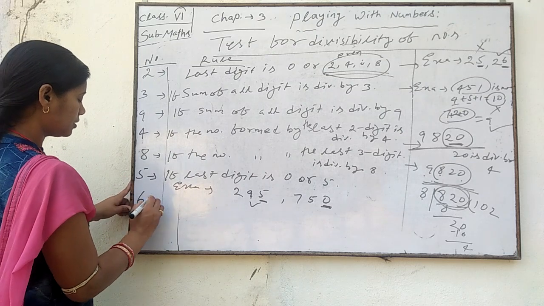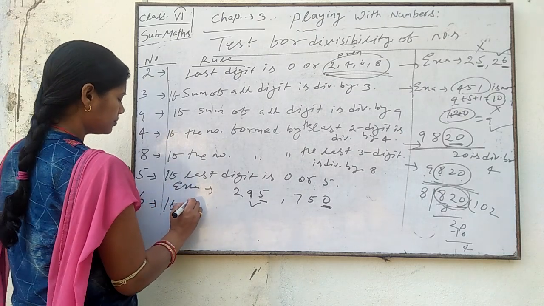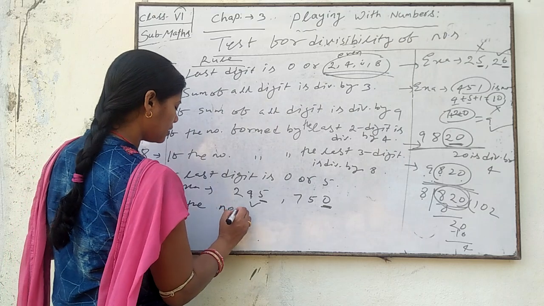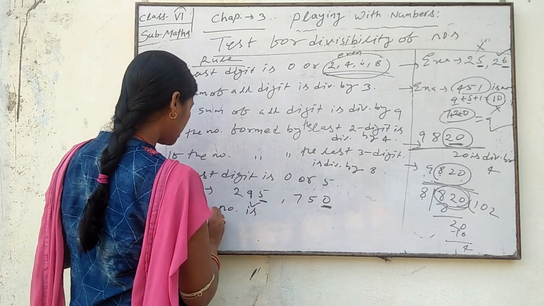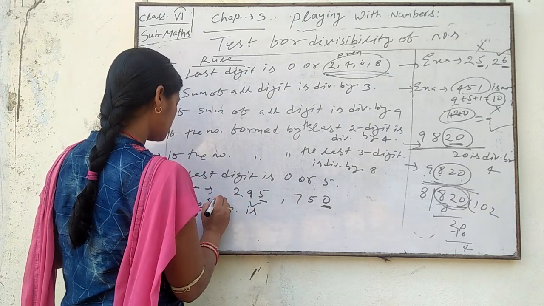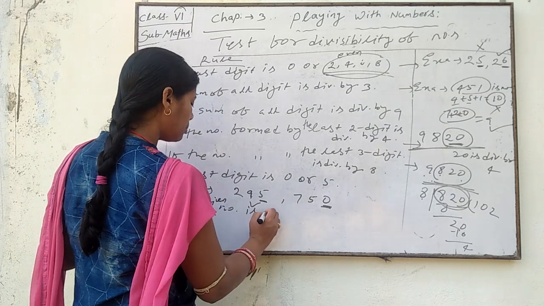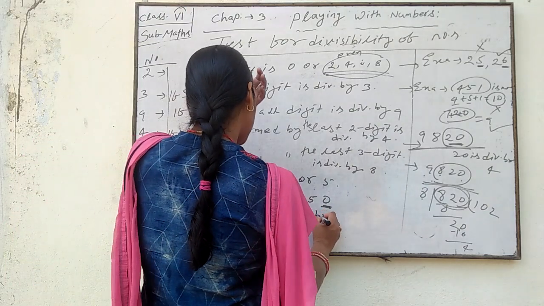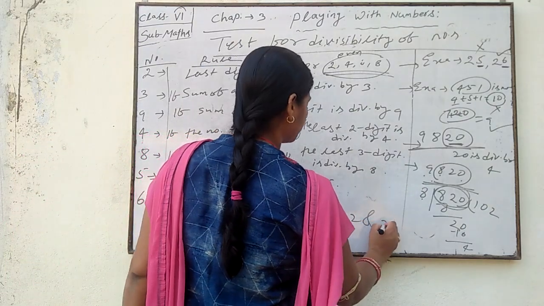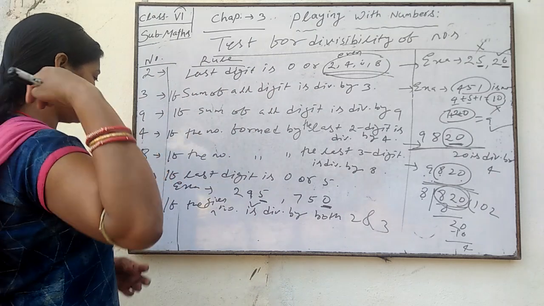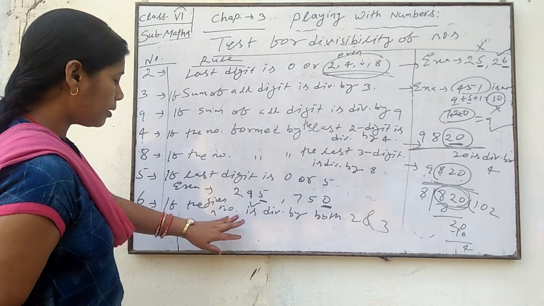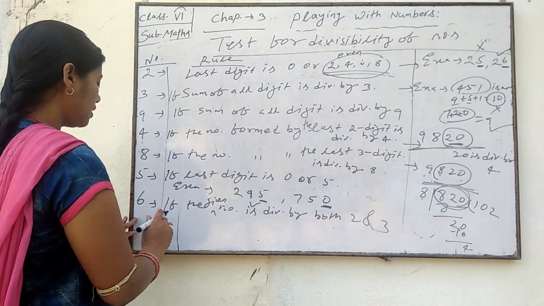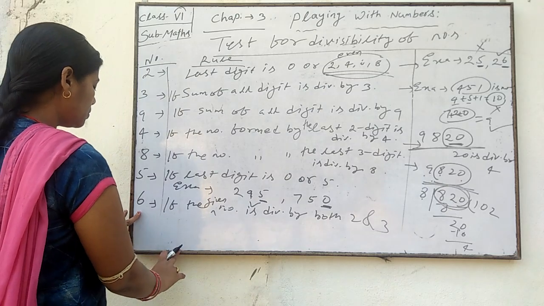And for 6: if the given number is divisible by both 2 and 3, then the given number is divisible by 6.